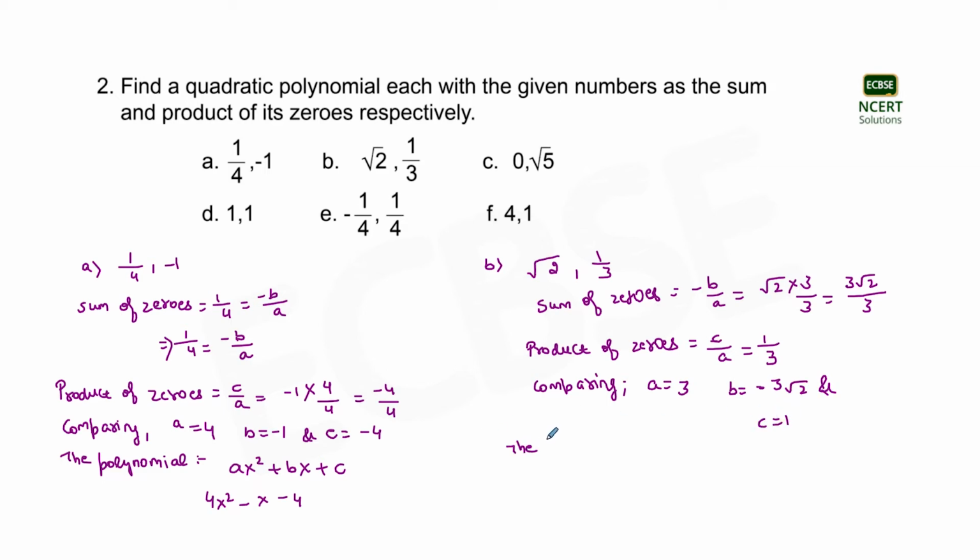So the polynomial, ax² plus bx plus c, can be written as 3x² minus 3√2x plus 1.